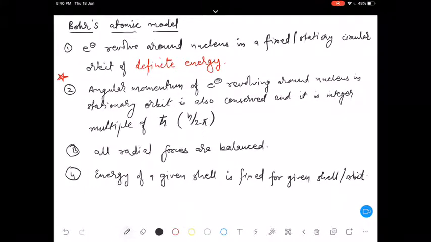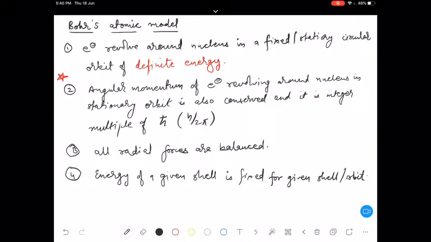Why? Because we know that apart from that very small concentrated part, the nucleus, 99% space is vacant. Now in that 99% space, those very small, very light particles, electrons, can be anywhere. Correct? So now we need to define the position of those small particles which are moving with very high velocity.